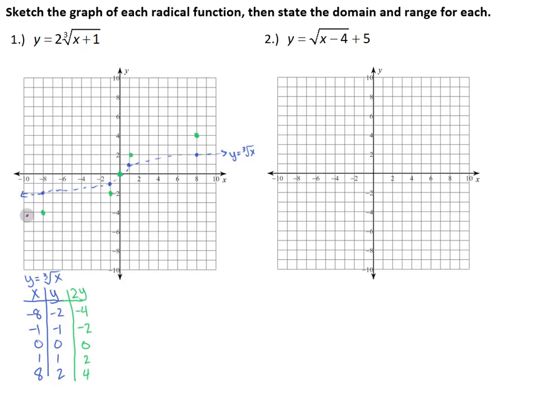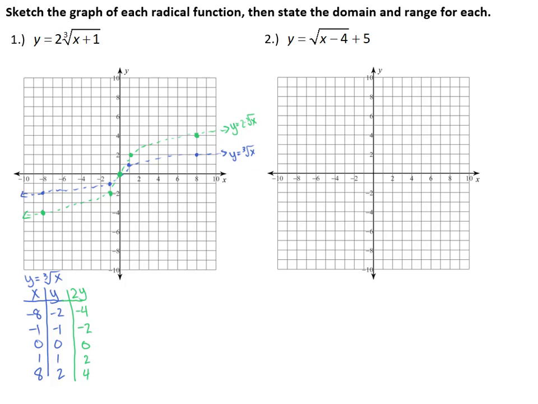Now in green, this is my new graph, which has our vertical stretch. We haven't done any shifting, and of course, because a was positive, there was no reflection. So this is y equals 2 times the cube root of x. That's what we've done so far.